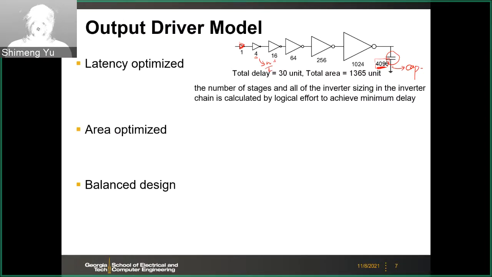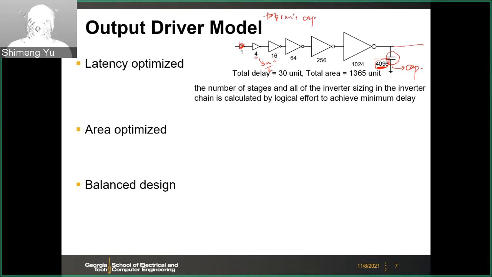So here we want to drive a very large cap, in unit caps. This cap 4096 is normalized to an individual inverter driving one small cap, which is like 1 unit cap. But now this cap is very large because you have a long wire after this.